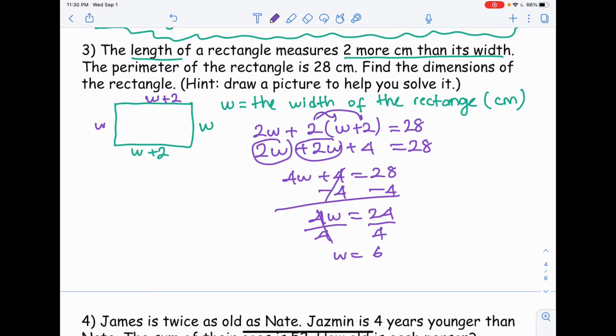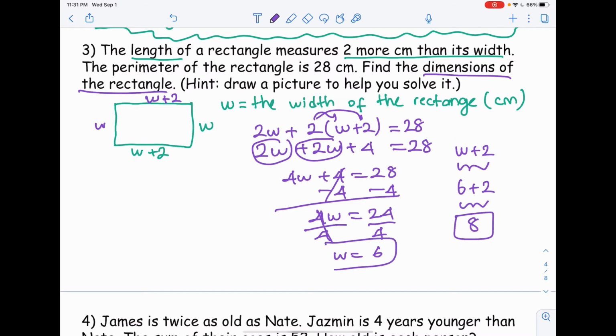Then, since we're looking for the dimensions of the rectangle, we can say the width is 6 centimeters, but the length is W plus 2. If we substitute 6 for W, it's going to be 6 plus 2, which is going to be 8.